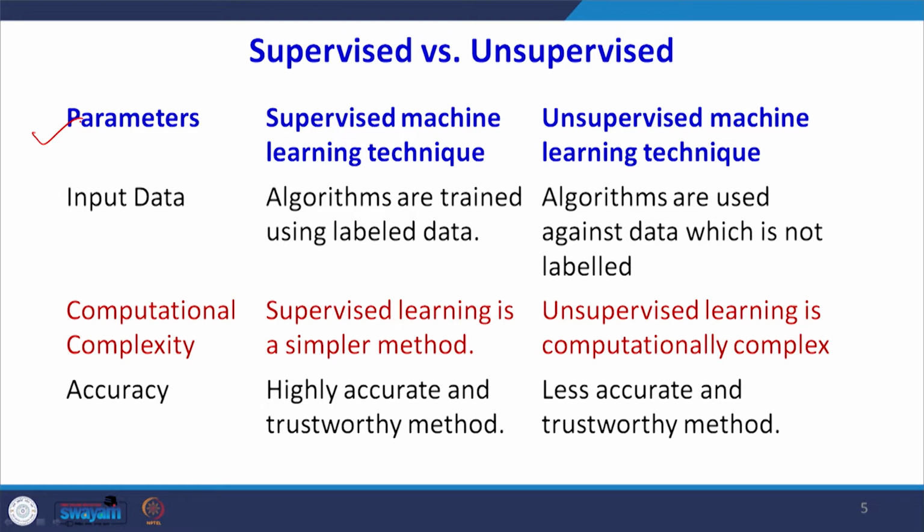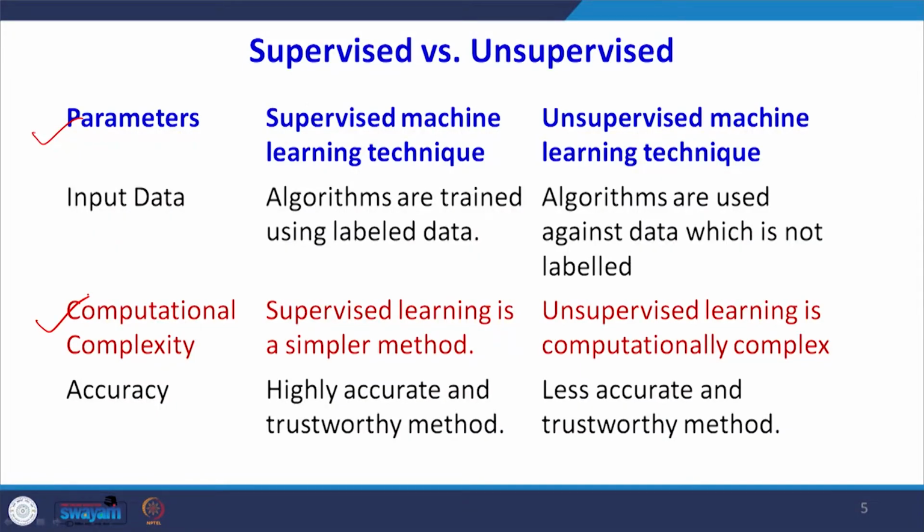As for computational complexity, supervised classification is a simpler method, but unsupervised learning is computationally complex, because you have to achieve the accuracy from there. As far as the accuracy level is concerned, the supervised method is highly accurate and trustworthy, and the unsupervised method is less accurate and trustworthy.